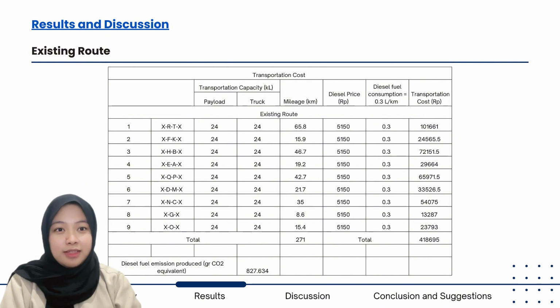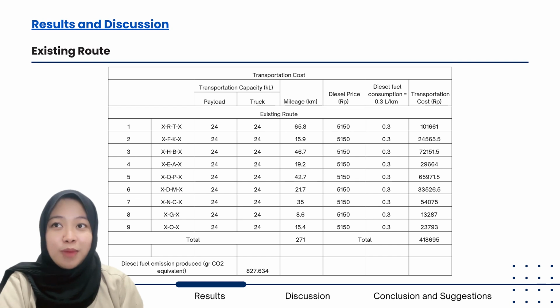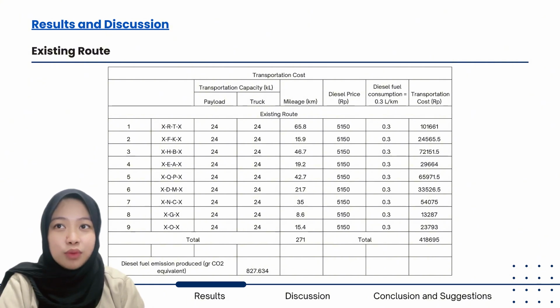After calculating the distance matrix, the next step is to determine the mileage of the existing route based on the distance matrix that has been created and calculate the transportation cost for the existing route. So, based on the calculation of the distance of the existing Integrated Terminal Semarang route using MS2 software, a distance of 271 km was obtained.